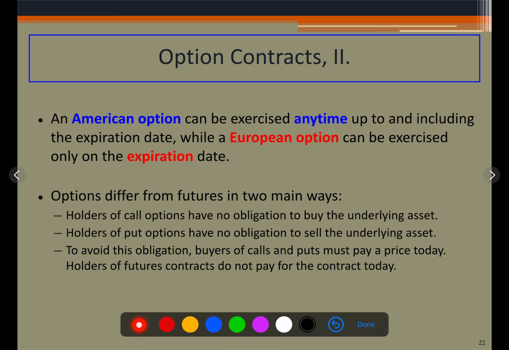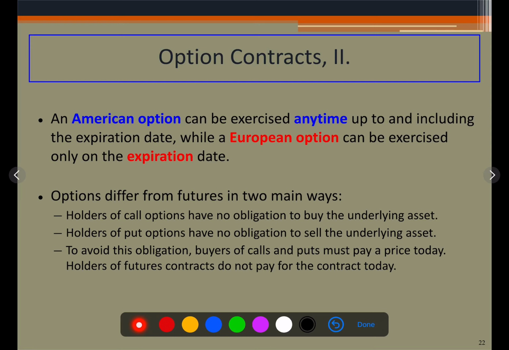But depending on the market situation, the buyer of the option contract has the right to buy the underlying asset or sell the underlying asset. If the market is in his favor, then he will exercise the option. Otherwise, he will simply let that option expire. So there is no obligation on him. To avoid this obligation, buyers of calls and puts must pay a price, which I just mentioned.